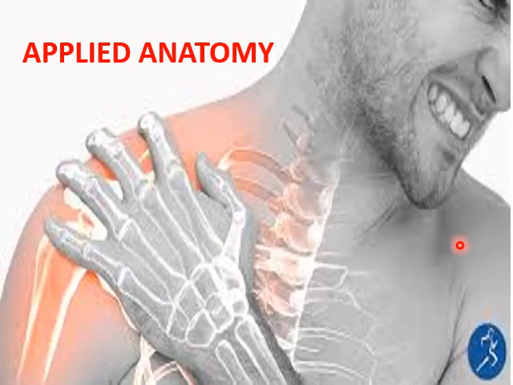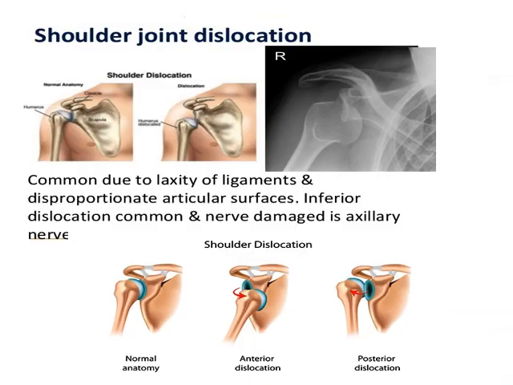Coming to the applied aspect, what can go wrong with the shoulder joint? Shoulder joint dislocation is one of the most common features, of which there can be anterior dislocation where the head moves forward.